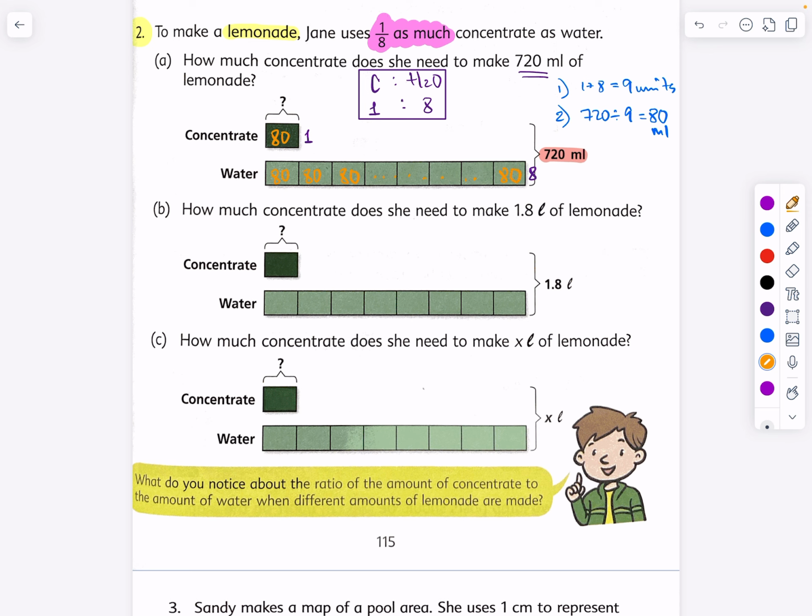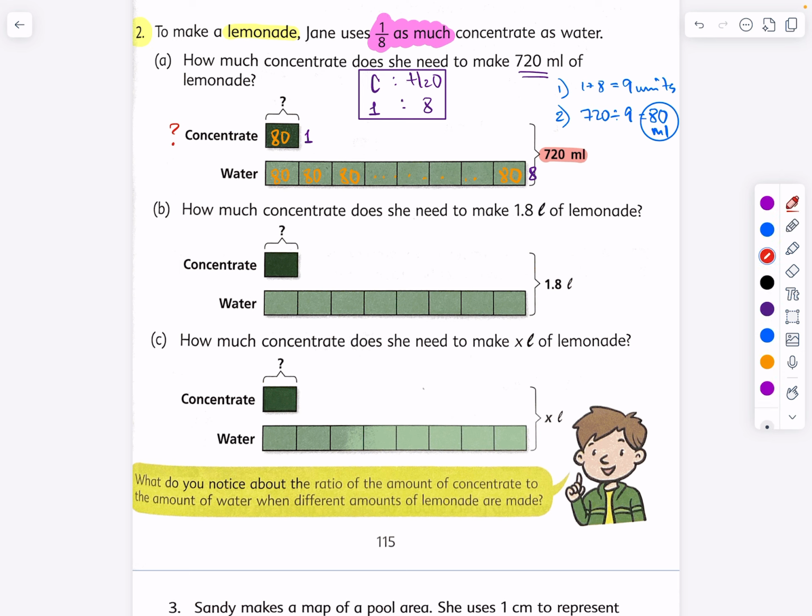Therefore, how much concentrate does she need? She will need 80 milliliters. That is our answer for this problem. Because that was the question, how much concentrate does she need?